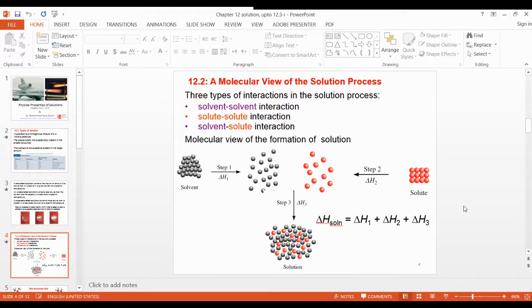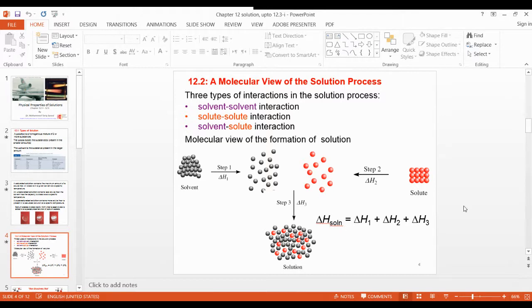That is the enthalpy of a solution. So this is how we get solvent-solvent interaction, solvent-solute interaction, and solute-solute interaction. When the molecules of solvent interact with each other and get the heat, they become active and are ready to make a bond to make a solution.